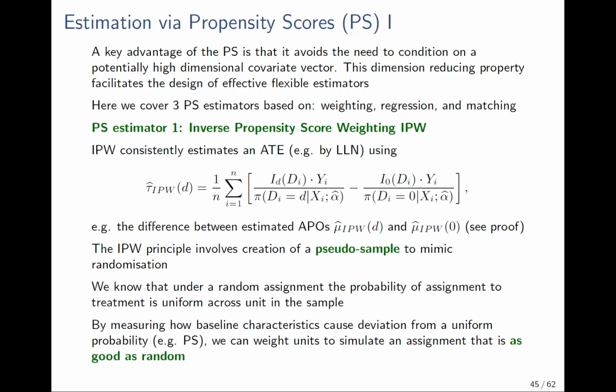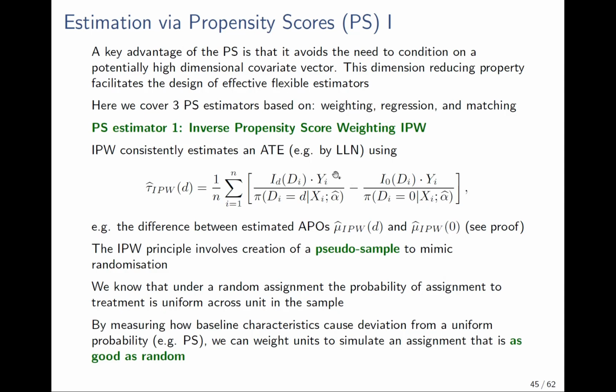And the idea underpinning IPW estimation is that we can estimate an average treatment effect, and it's justified by a law of large numbers using an expression such as this here. So it's the difference in the weighted sample outcomes, where they're weighted by the propensity score at level D, minus the weighted sample of observations for control groups weighted by the propensity score for treatment level D equals 0, that is, treatment control.